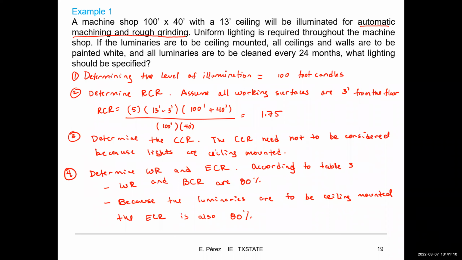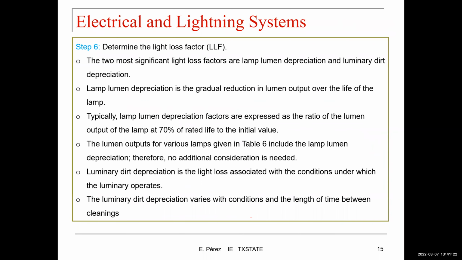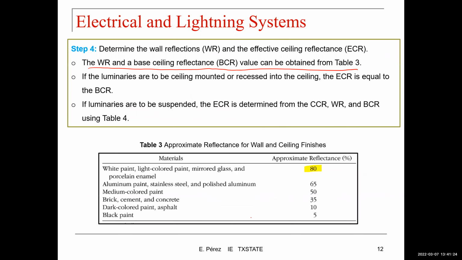Based on our discussion, if they're ceiling mounted, then they're going to be the same value as the WR and BCR. So if the luminaries are going to be ceiling mounted or recessed into the ceiling, the ECR is equal to the BCR, right? So that's the case. That's 80%. They're ceiling mounted, so the ECR is also equal to 80%.